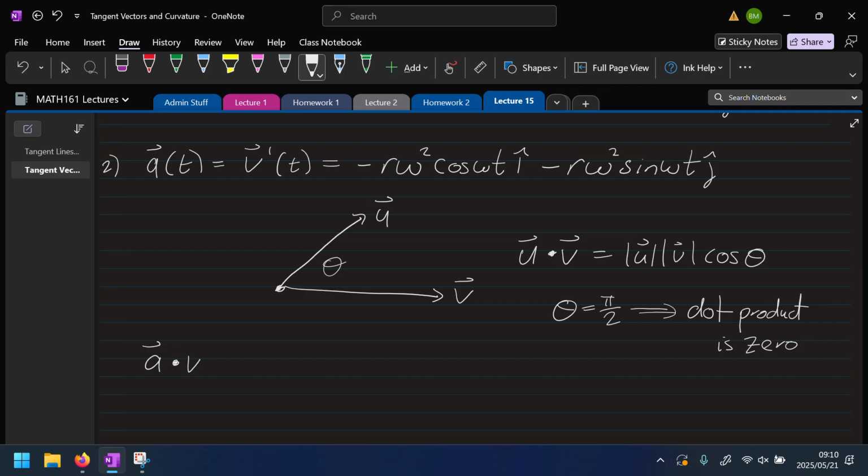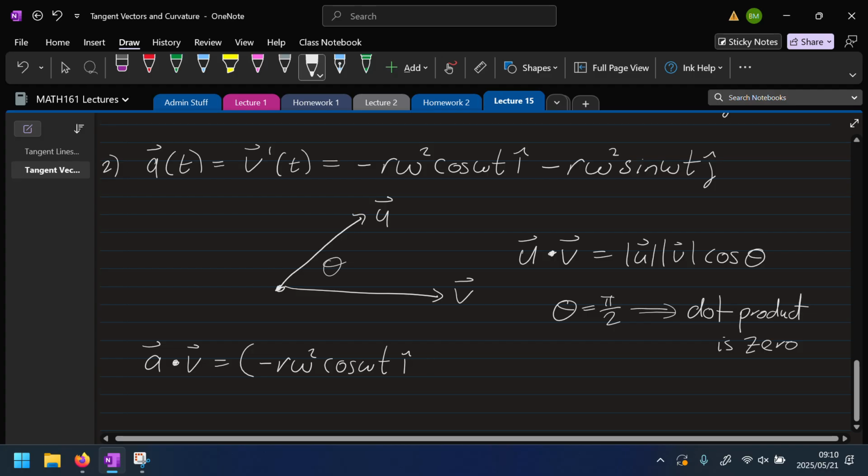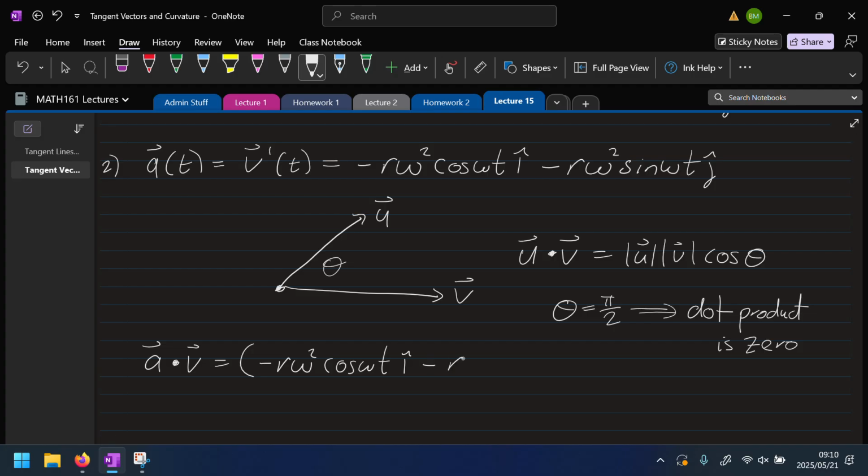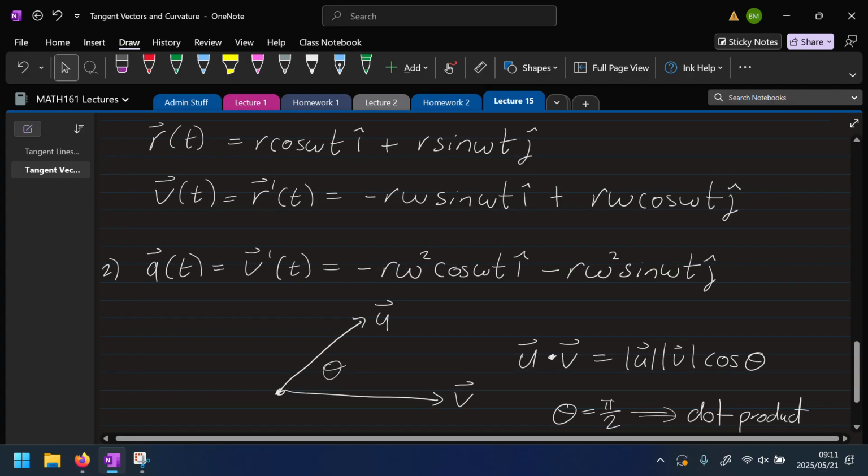Okay, so we're going to have a dot v. That's going to be minus r omega squared cos omega t i hat plus minus r omega squared sine omega t j hat, dot product with the v that we had earlier.